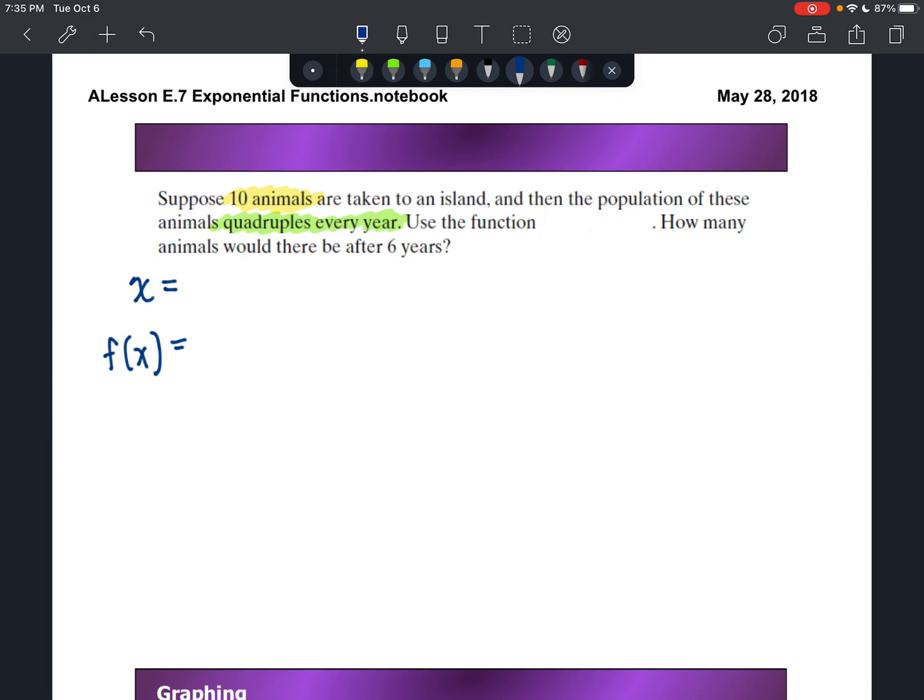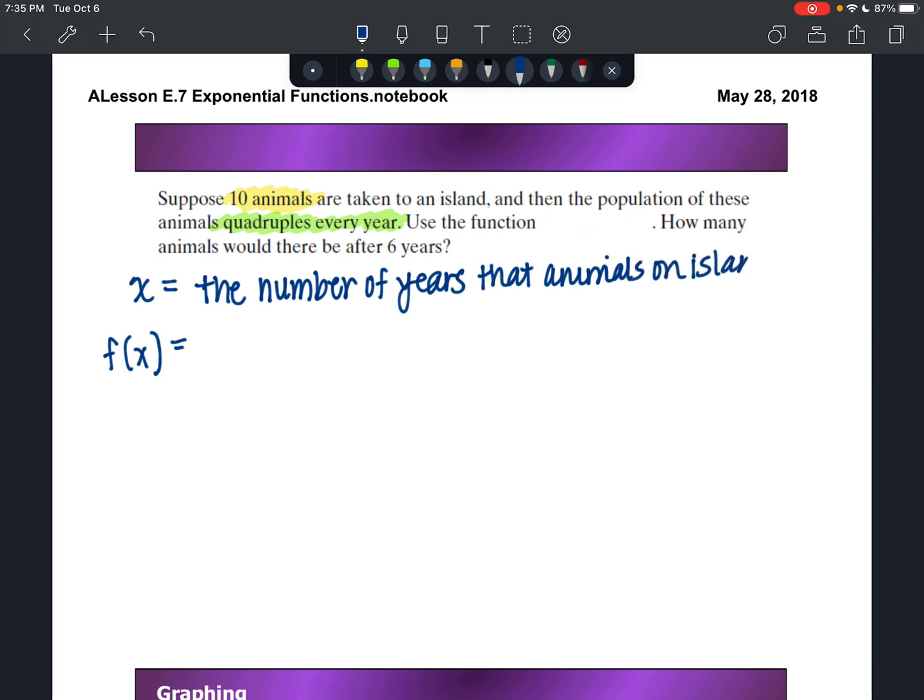Okay, welcome back. I got x equals the number of years that the animals are on the island. So the animals are on the island, whatever kind of animals those may be.